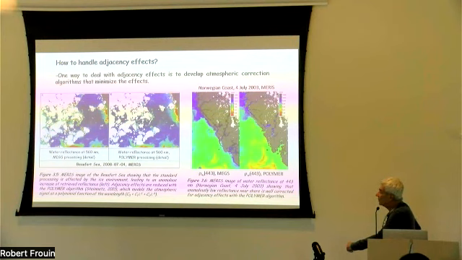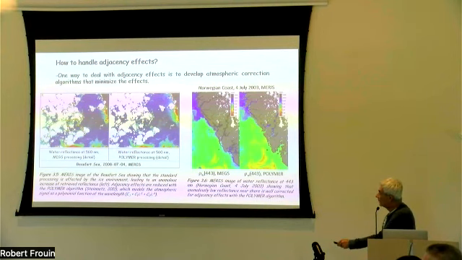One example is this spectral matching algorithm, Polymer, which some of you may have used, by François Steinmetz, in which the atmospheric signal is expressed as the perturbing signal. It's expressed as a very simple polynomial with three terms: a constant, a term in lambda minus 1, and another one in lambda minus 4.